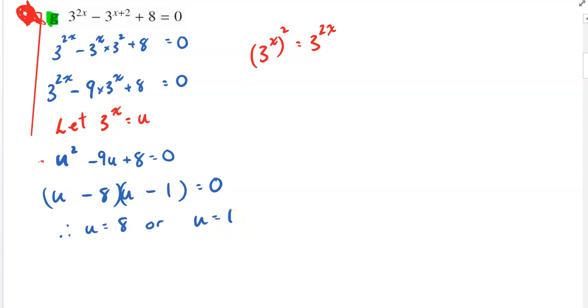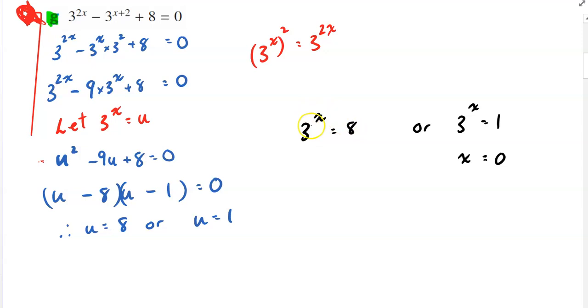And now we just need to say that, because u is actually 3 to the power of x. So now we can say that 3 to the power of x equals 8, or 3 to the power of x equals 1. Now this one's the easiest one, because if 3 to the x equals 1, then x must be equal to 0. 3 to the 0 equals 1.